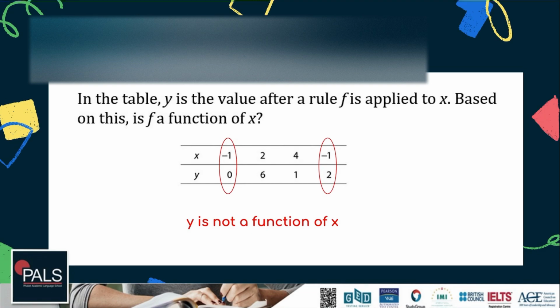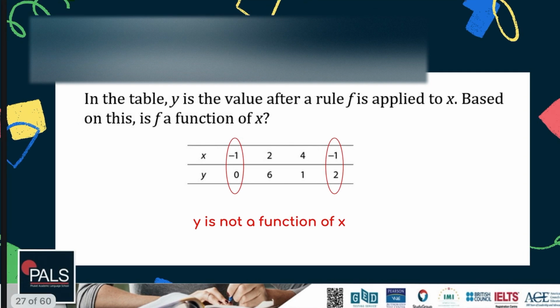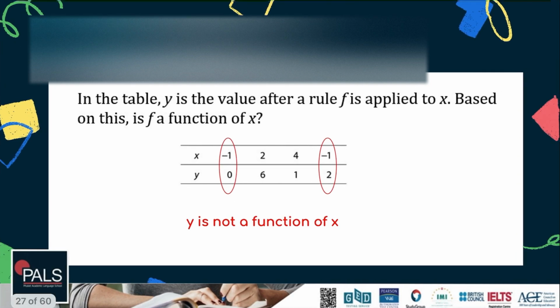Okay, recognize which table or which graph is a function or not a function. In a table, y is the value after the rule f is applied to x. Based on this, is y a function of x? This one is not a function, because I told you one value of x gives one value of y, but this one has one value of x with two values of y, so it's not a function.